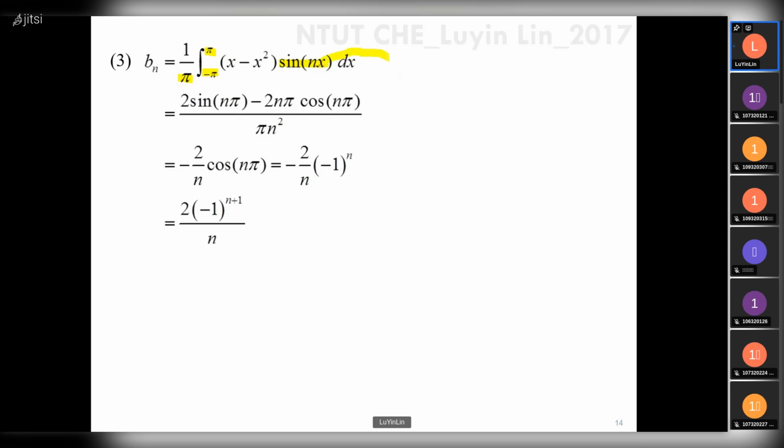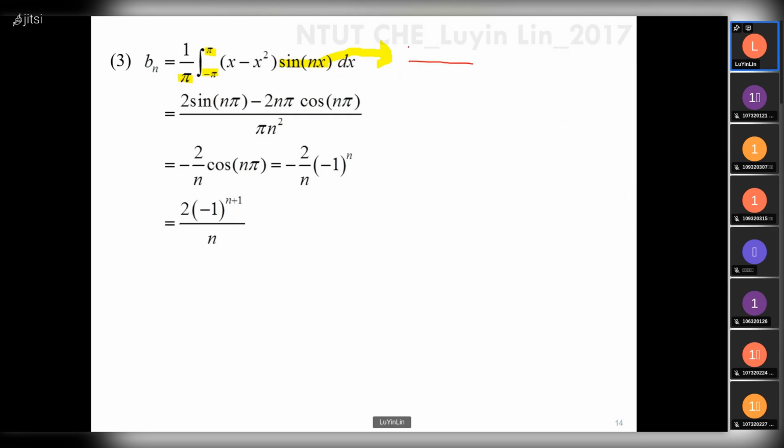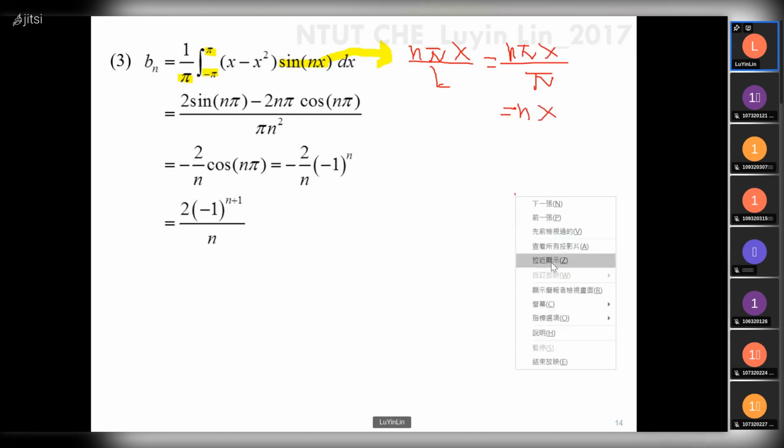So again, you can see sine nx comes from n pi x divided by L, right? If you put pi as L, n pi x divided by pi is nx here. So the angle here is nx.